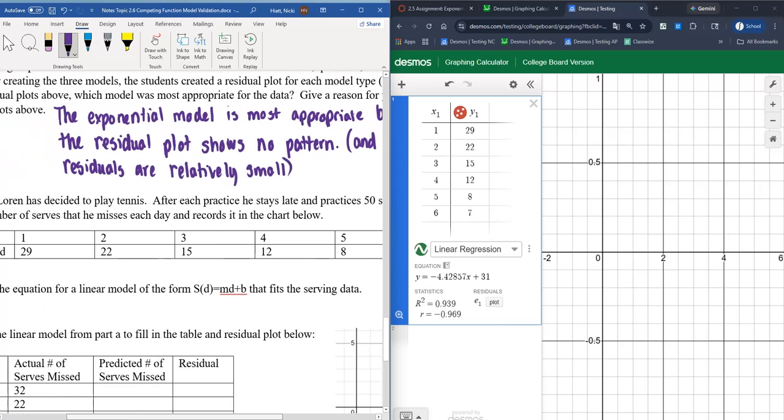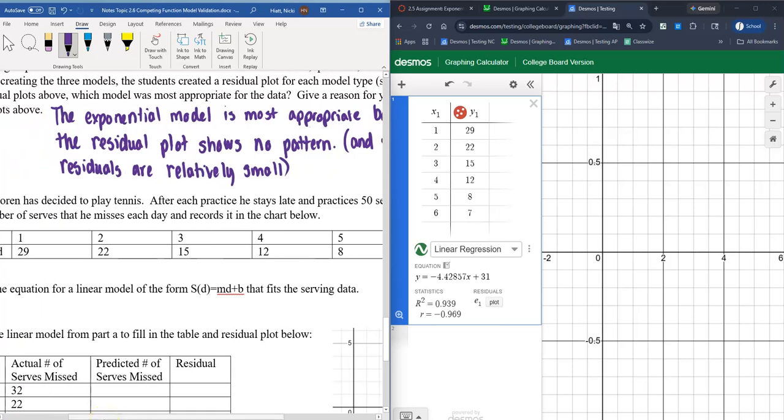So the first part of the question just asks you to find that linear model. So S of D would equal negative 4.42857, I'm going to use a D instead of an X because that's the notation that they're using here, plus 31.